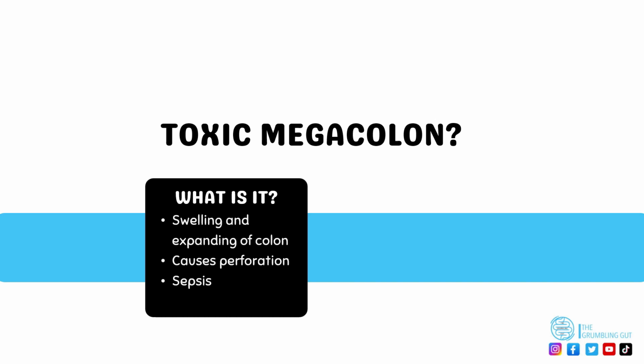It's just a condition where the large intestine swells up to the point where it could rupture. It's usually associated with ulcerative colitis, and it's where gases produced in the large intestine as part of normal digestion can become trapped and contribute to the swelling of the colon. However, it can occur in those with Crohn's disease who have inflammation in their colon.